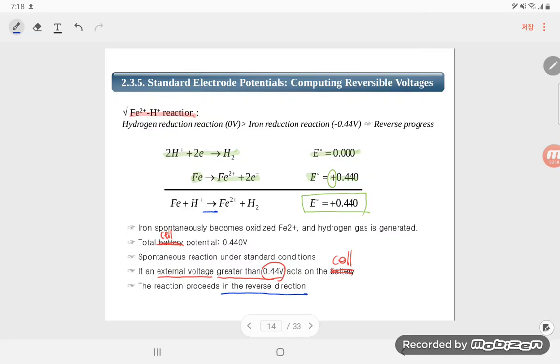That means the direction of the reaction is reversed, like this one. Because by applying a higher voltage than this one, this voltage is overcome through the external voltage.